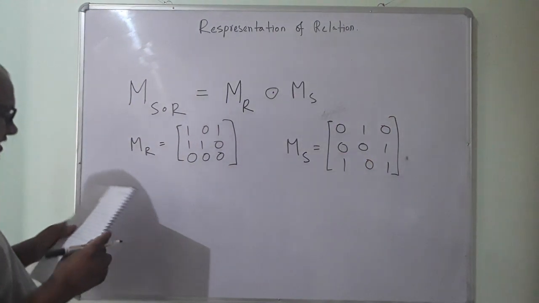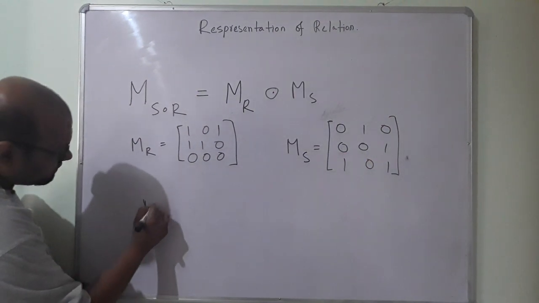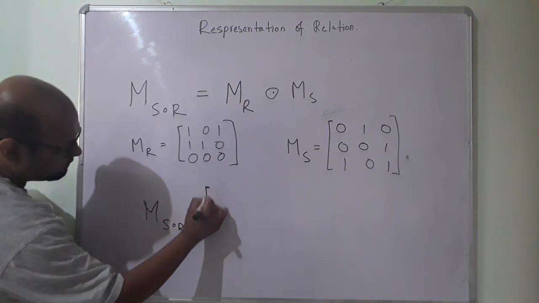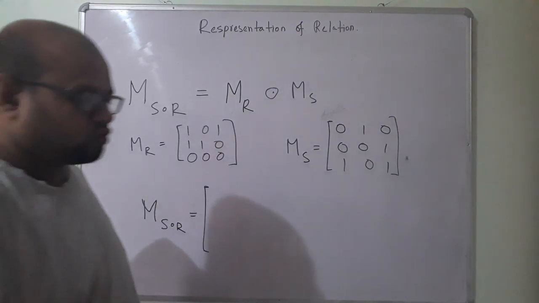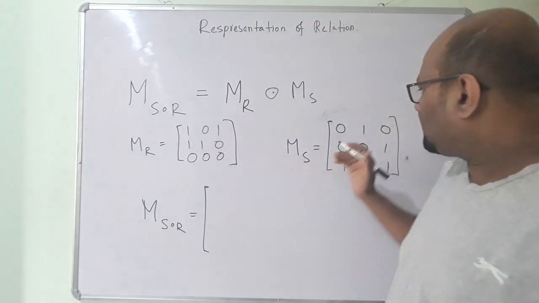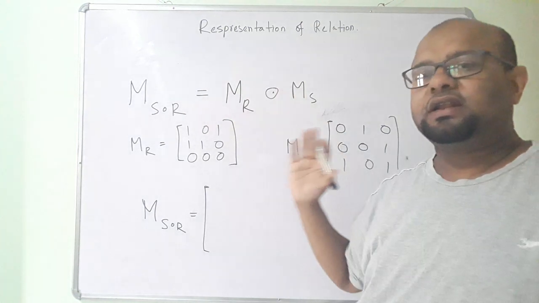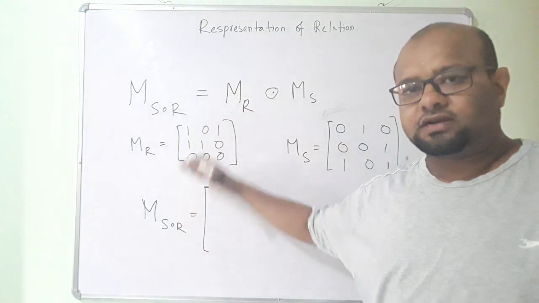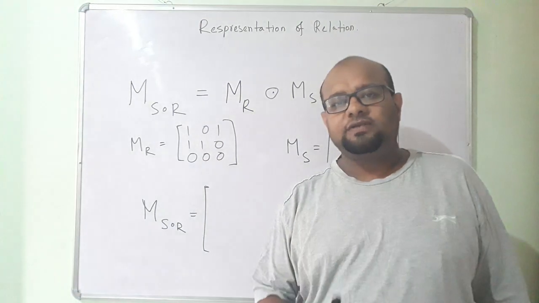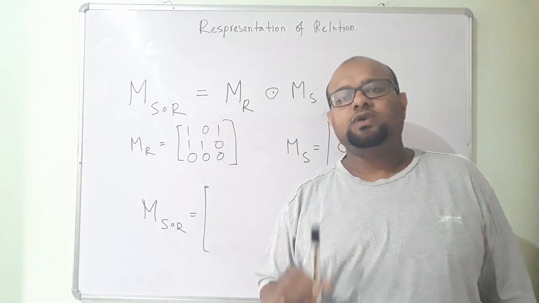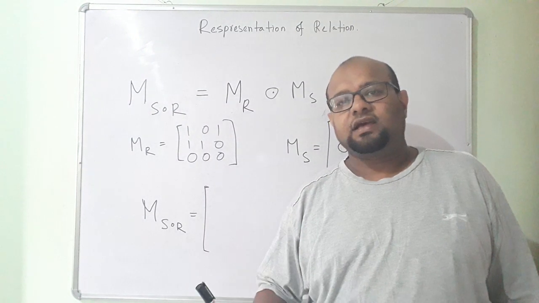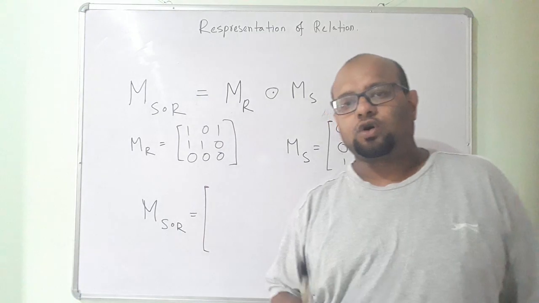Let us try to find M R compose S. What are we going to do? We are going to do something called binary product. Binary product is like your normal matrix multiplication. The difference is that previously when we multiplied, now we are going to do an AND, and previously when we did an addition, now we are going to do an OR.